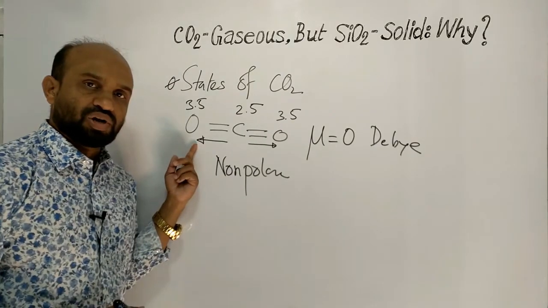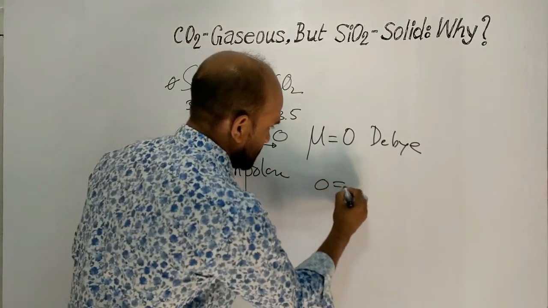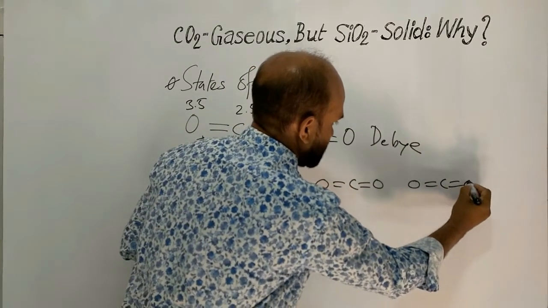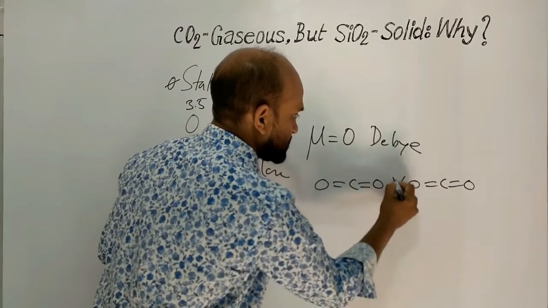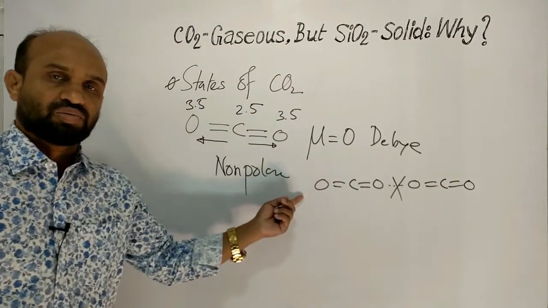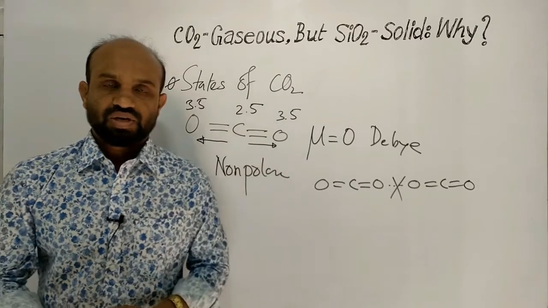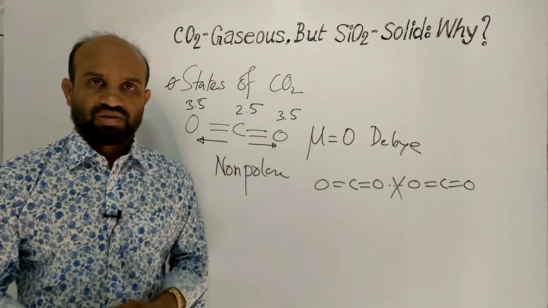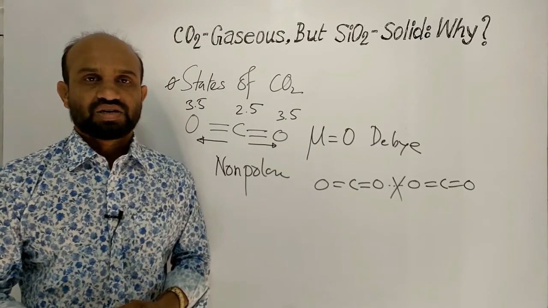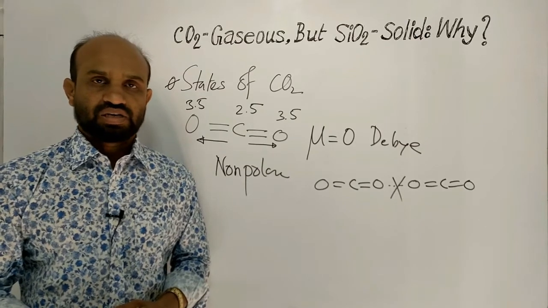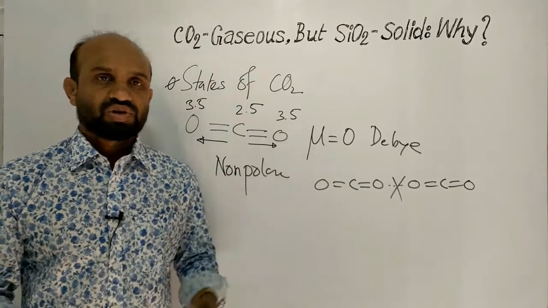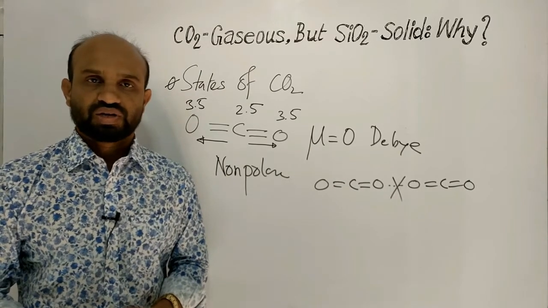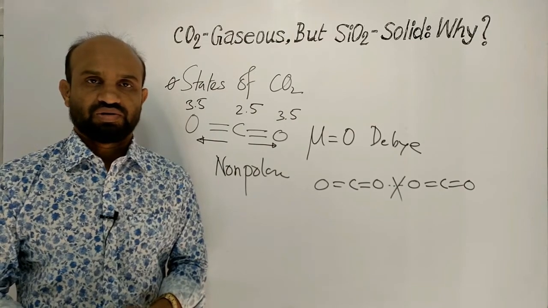As it is nonpolar, no attraction is developed among the carbon dioxide molecules. That is why the molecules remain apart from each other. That means the state of carbon dioxide is gaseous, as there is no polarity in the carbon dioxide molecule.